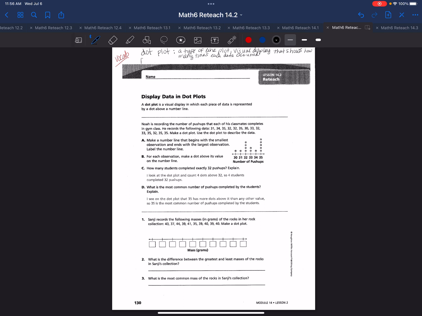Then we have frequency. Frequency is the number of times a data value occurred.